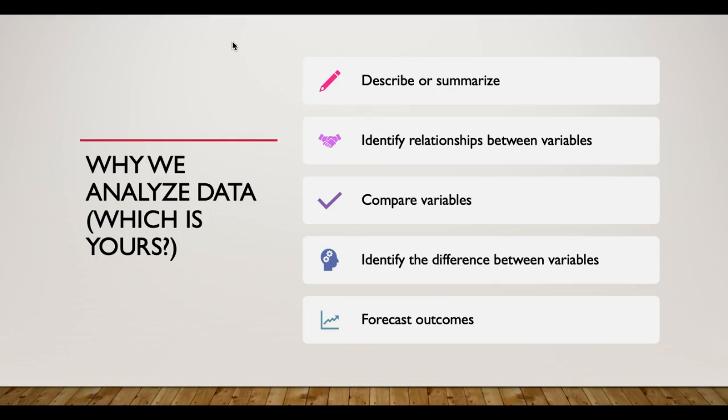You might study the difference between variables. So you might have, say, a gender question, male, female, and those would be variables. And you might look at what is the difference between male employee retention rate and female employee retention rate. Or age, let's say those employees who are under the age of 25 and their retention rate compared with those employees who are over the age of 25 and their retention rate. You also might be forecasting an outcome.